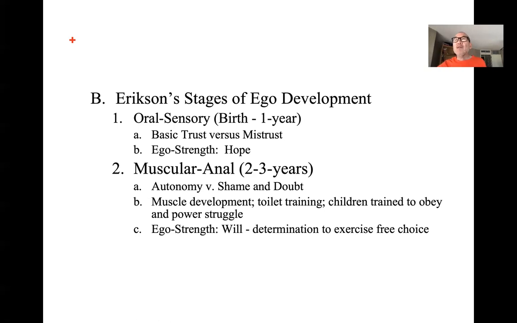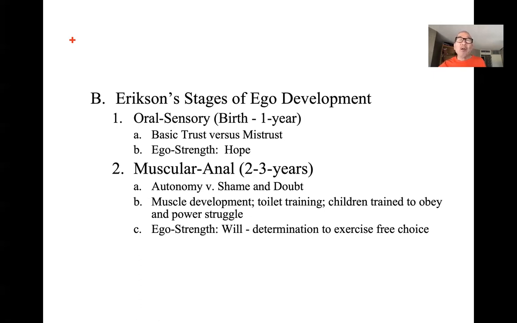Now, if the child is properly toilet trained through consistent, patient, understanding parenting, the path they'll probably take is one of autonomy. That they can do things themselves, like go to the toilet by themselves.